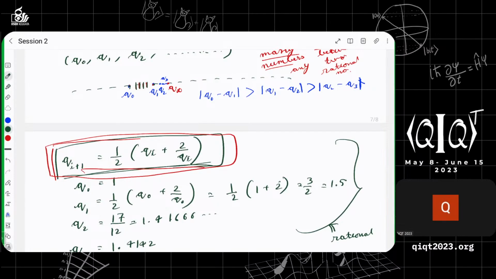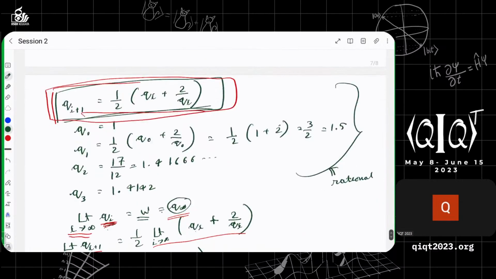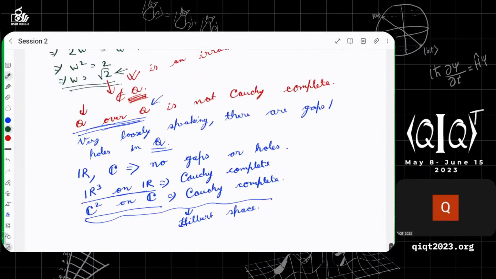In real analysis, you fill in these gaps: you take the set of rational numbers, fill in the gaps, and you get the set of real numbers. Do you understand what I mean? Okay, is that clear? Yes.